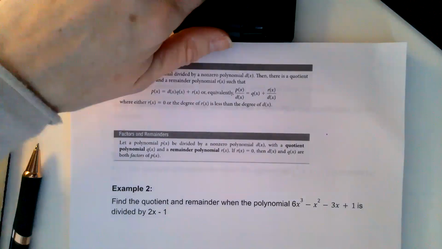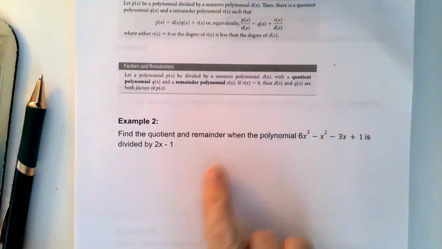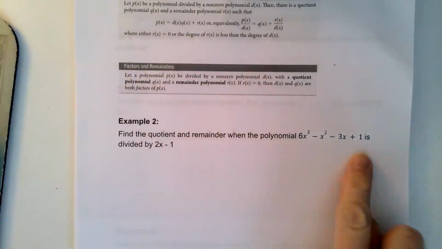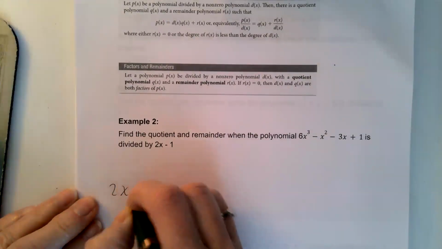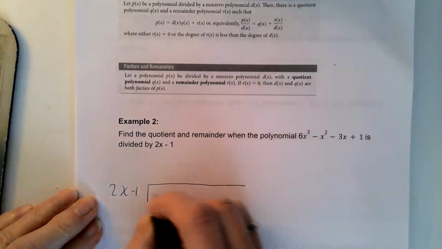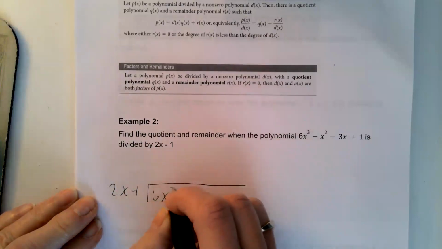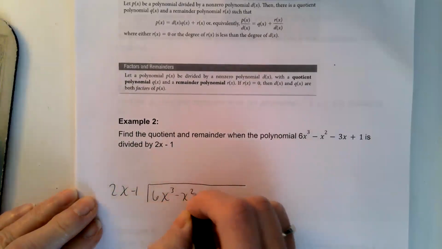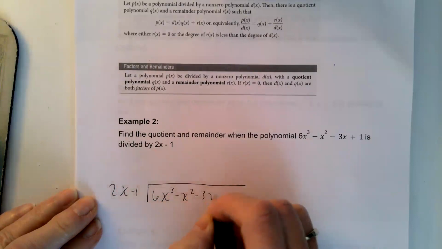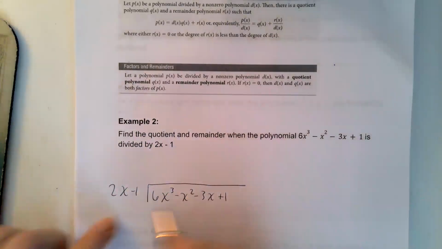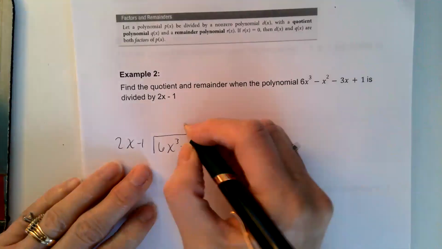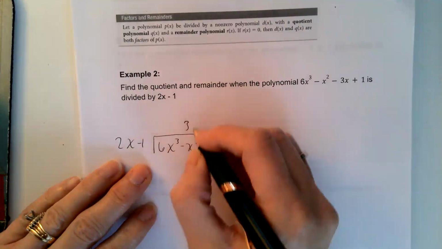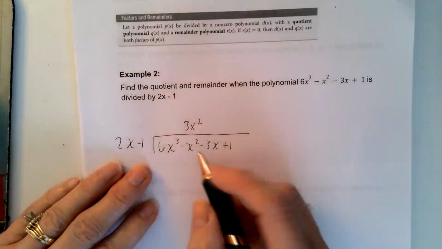So let's try a little bit bigger one. It says find the quotient and remainder when the polynomial here is divided by 2x minus 1. So to go from 2x to 6x cubed, I'm going to have to multiply by 3x squared.